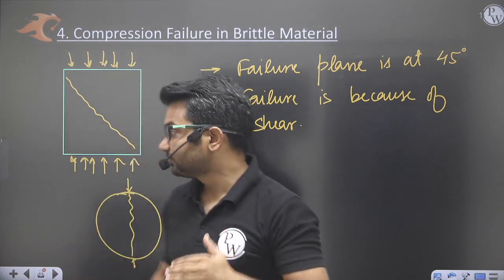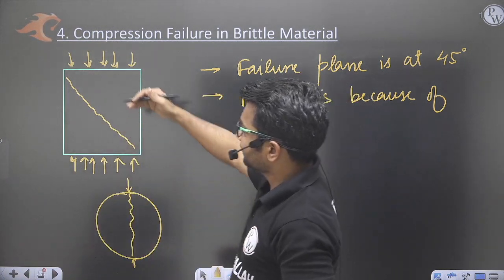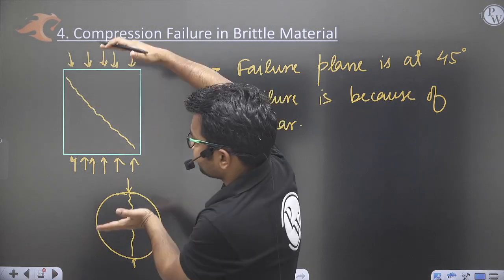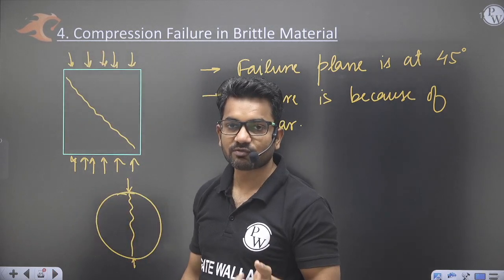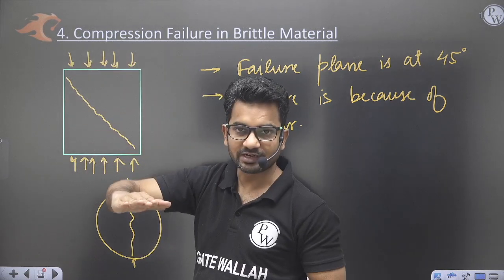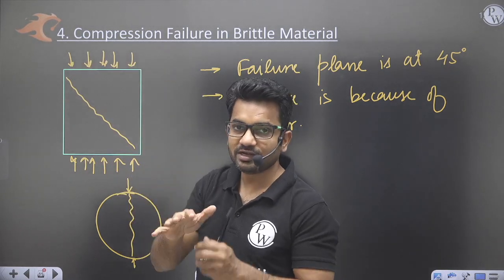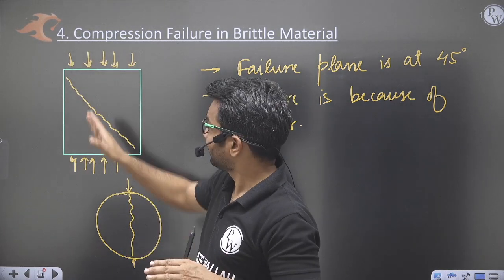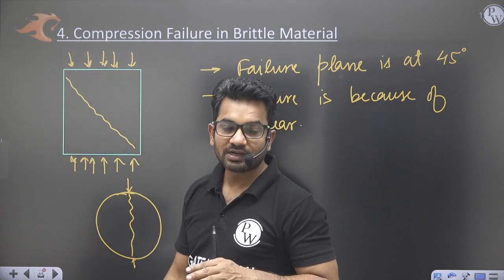So what happens sometimes when we do compressive testing on a concrete specimen is that because of the surface being rough, not perfectly straight, some parts are loaded and some areas are unloaded, and because of that there will be some tension loading, okay.